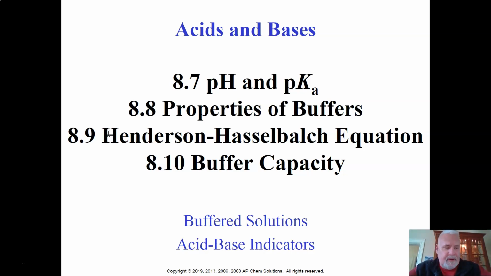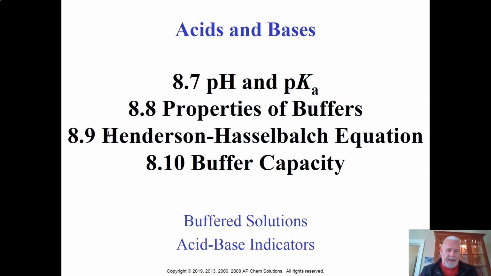So the buffer will prevent the pH from changing. And that's really what they do, is they resist changes in pH by just doing a chemical reaction, kind of sopping up the extra hydrogens or sopping up the extra OH ions so that you can add an acid to it, you can add a base to it, and it resists changes in pH.